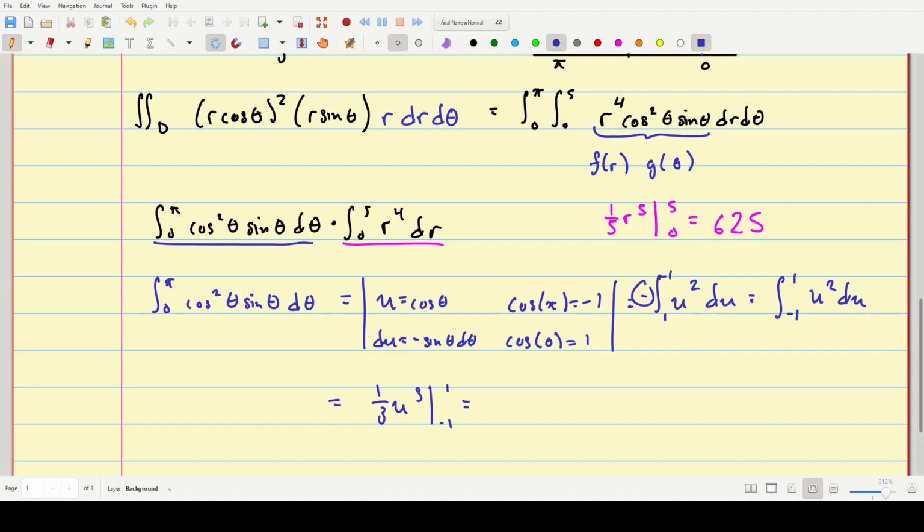I absorb the minus sign into the limits of integration, which means I can, if you switch the limits of integration for an integral, it introduces a minus sign. So, yes, the property of integration. I did it to remind you that you can do it. This is going to be 1/3 minus -1/3.